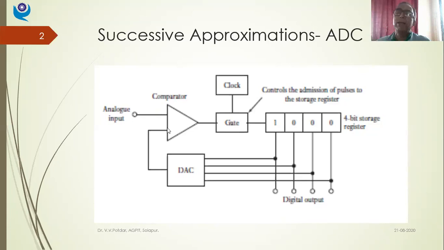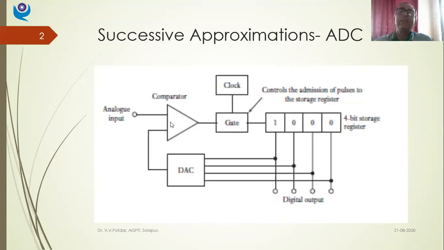And in each successive iteration, I'll be slowly increasing this binary number: 7.5 volts, 7.6 volts, 7.8 volts, and accordingly the binary numbers will be generated. Those binary numbers will be fed back through my D2A converter.